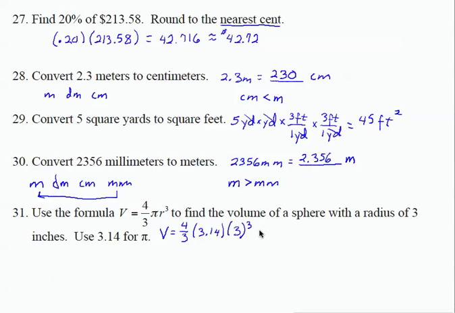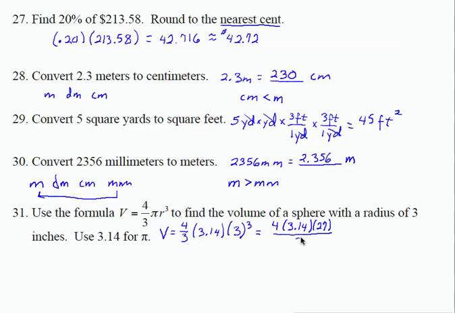So let's see how we're going to multiply that. First of all, I'm going to take my fraction and bring the numerator up to the other values that are in the numerator. So the 4 times 3.14, and then 3 cubed, 3 times 3 is 9, times 3 is 27. So that becomes 27.